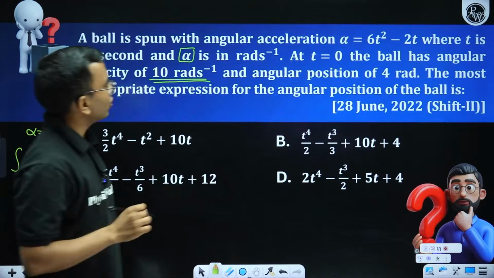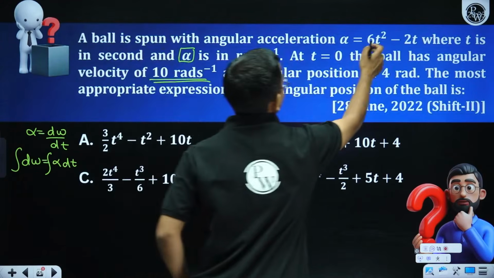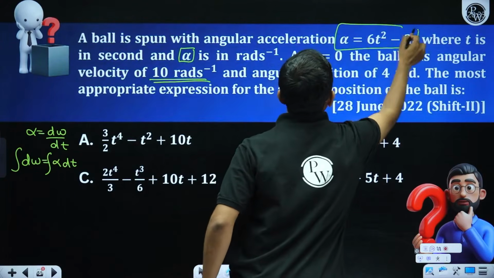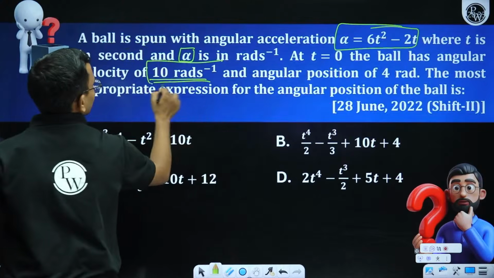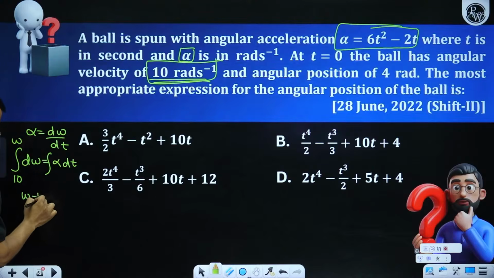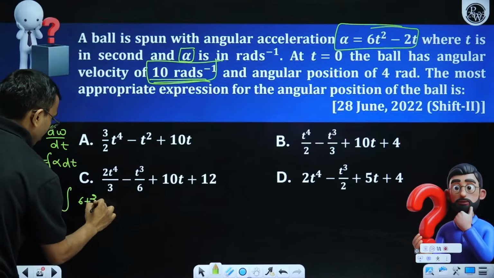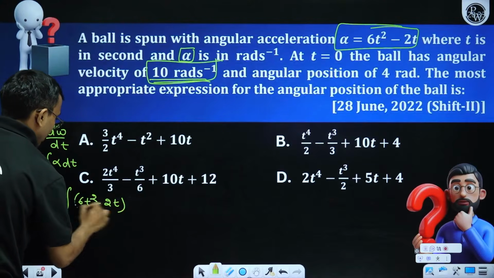This is alpha, and this is the initial angular velocity. Initial angular velocity is 10, final angular velocity omega. So this will become omega minus 10 equals the integration of alpha, 6t square minus 2t dt.